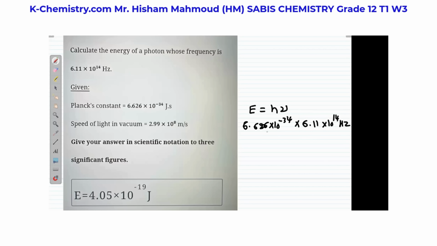We'll just multiply these two by each other. The unit for this one is joule second, and this one is hertz, which is how many waves in 1 second.